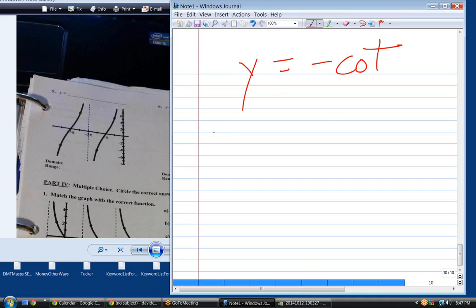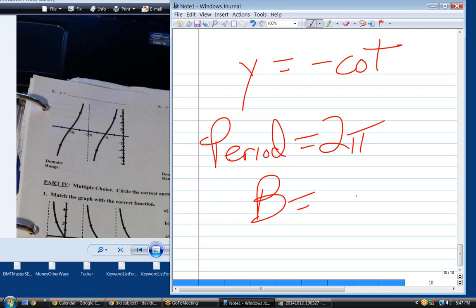What's B? What's the period? We can read the period from the curve. We don't know what B is yet. It'll be 2 pi. Okay, so the period equals 2 pi. B equals what divided by the period?